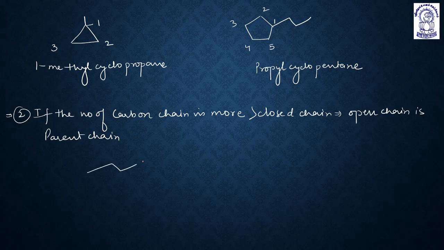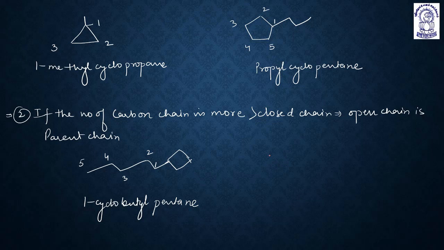Like this: 1, 2, 3, 4, 5, and this is a 4 carbon ring. So this is one cyclobutylpentane.